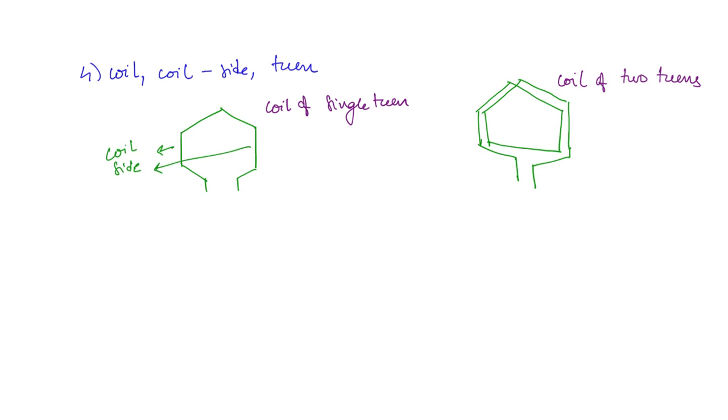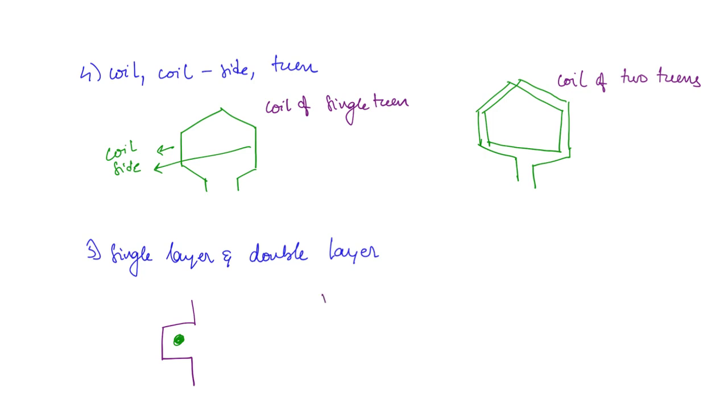Next is single layer and double layer windings. So here what is going to happen? If this is one single slot in the rotor, and a single conductor is placed here, this is called a single layer.